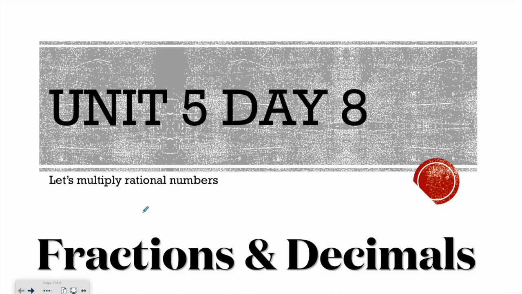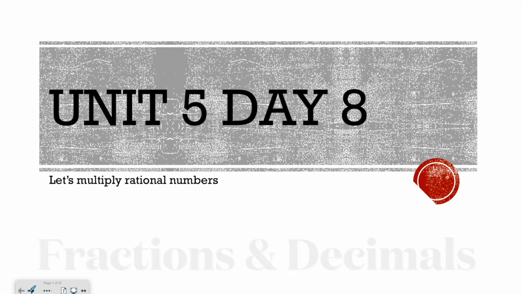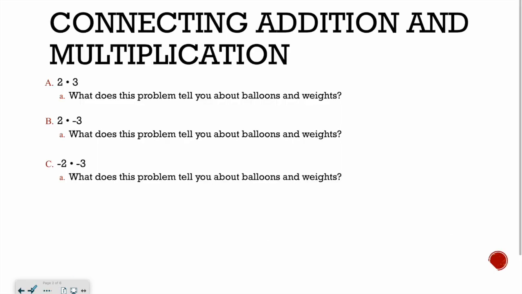Today we were continuing with Unit 5 and multiplying rational numbers, and we focused a lot on fractions and decimals. But first, let's review. 2 times 3 meant that we had two groups of 3 balloons.